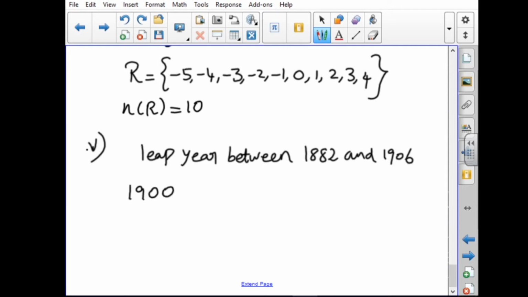If you are taking the century, you have to check whether the number is divisible by 4 or not. 4 means how many times? 4 4s are 16, 3, 00, sorry.